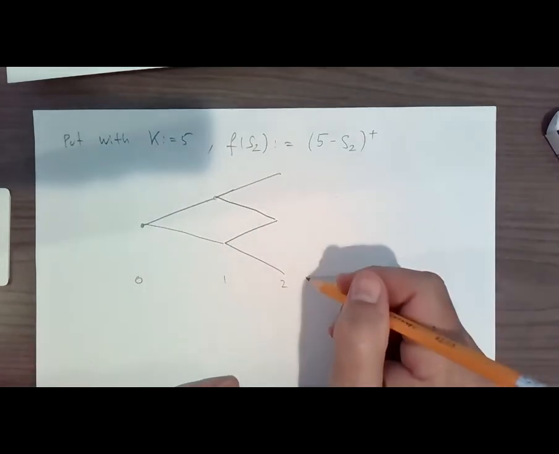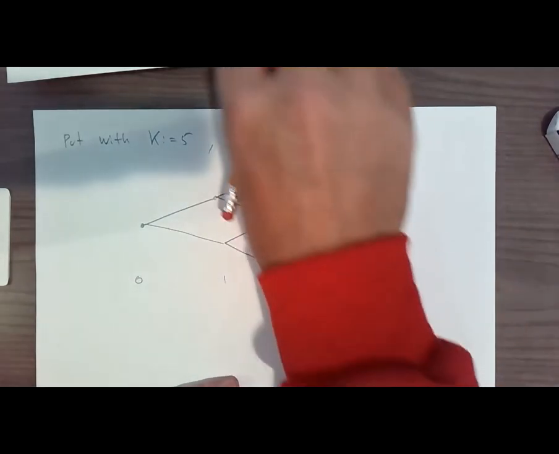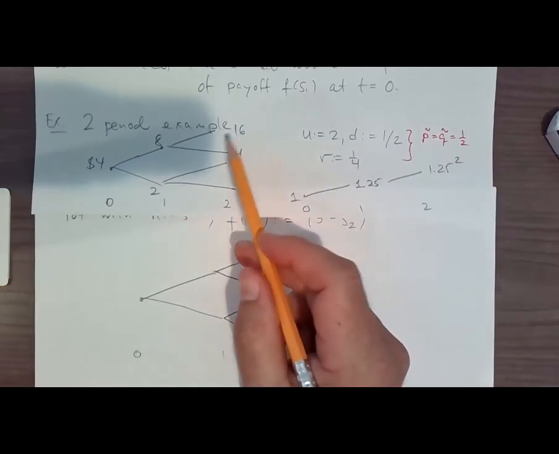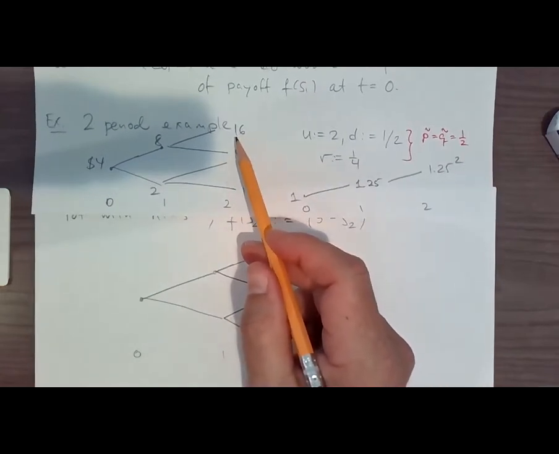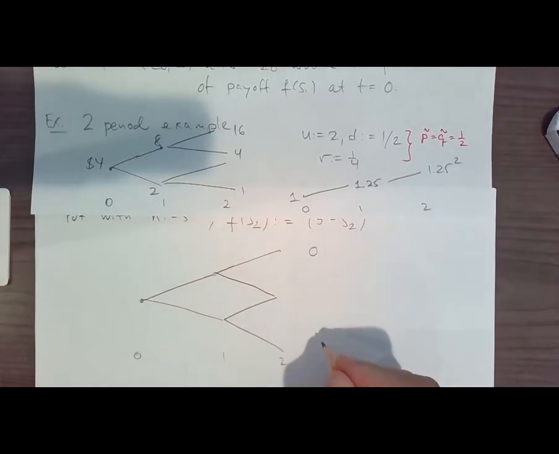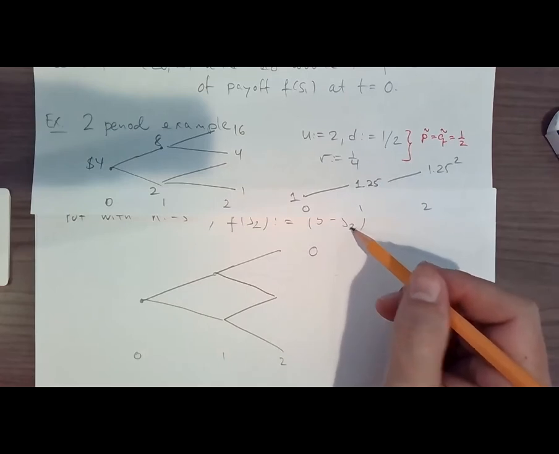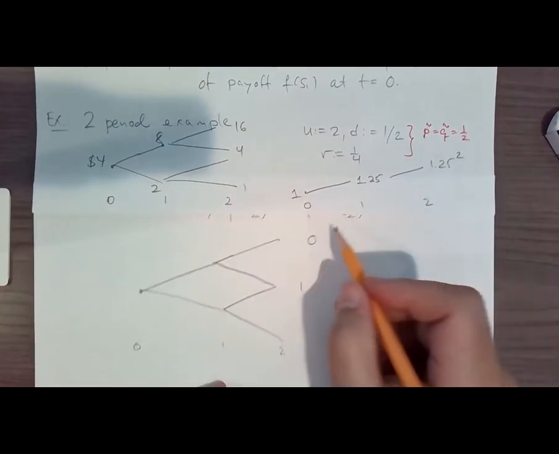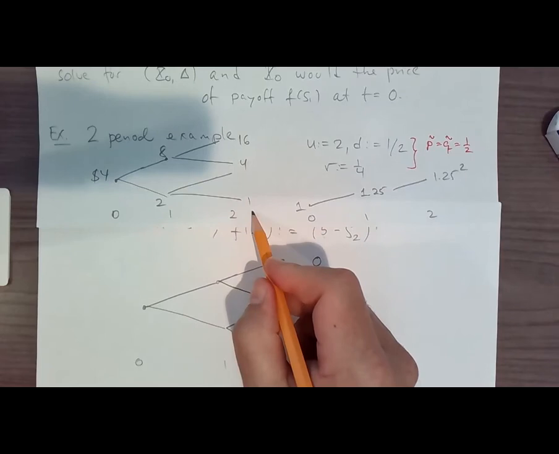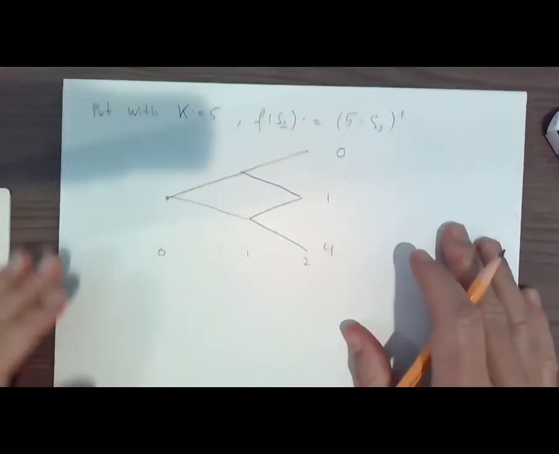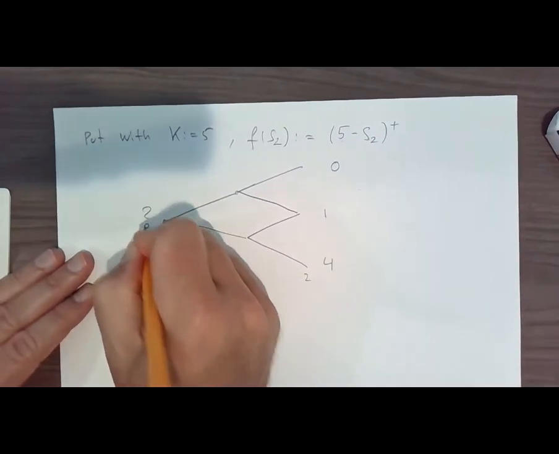Now out here in the end is where the payoff is given. So what do we have? We have 5 minus 16, positive part. 5 minus 16 is minus 11, positive part. This is a 0. Then it is 4. Okay, so we have 5 minus 4. That's a 1. And then you have 5 minus a 1. That's a 4. Right, so that's the payoff. And now our goal is to figure out what to put here.